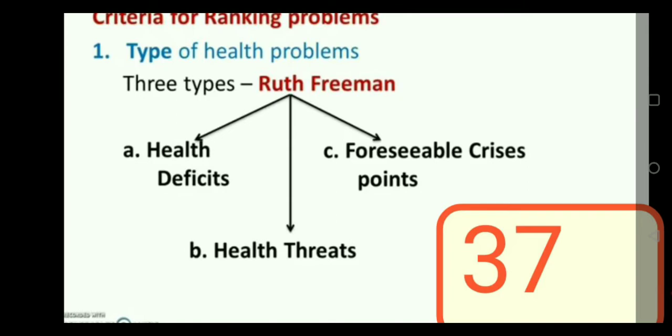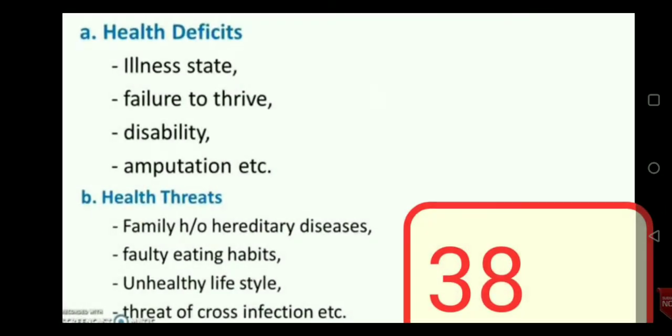There are 3 types as per Ruth Freeman. The first one is health deficit, the second one is health threats, and the third one is forcible crisis points. So we'll learn first what health deficit is. In health deficit, we give the explanation of illness stage, failure to thrive, disability, amputations. The second one is health threats.